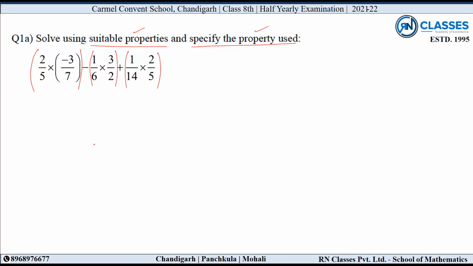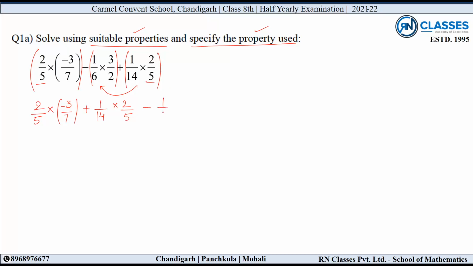सो अब यहां देखो 2 by 5, यहां पे देखो you have another 2 by 5, means we can use 2 by 5, कॉमन आ सकता है 2 by 5. So first 1 by 14 2 by 5 has to come over here. So what we'll do, 2 by 5 into minus 3 by 7, which is in bracket, plus 1 by 14 into 2 by 5, right?